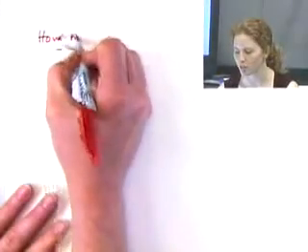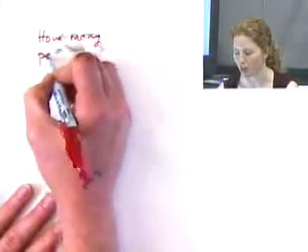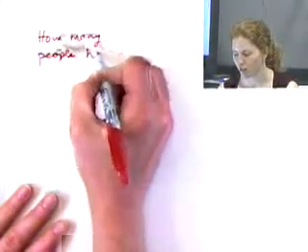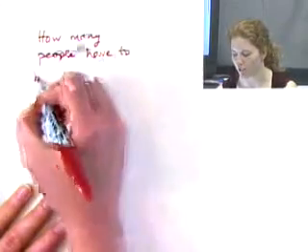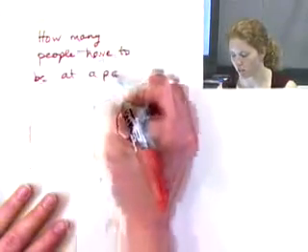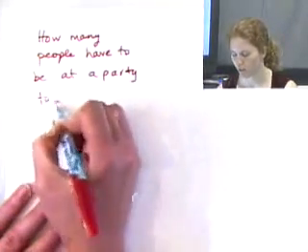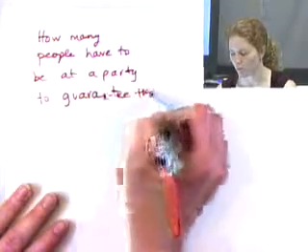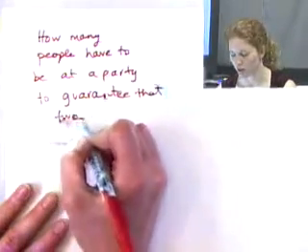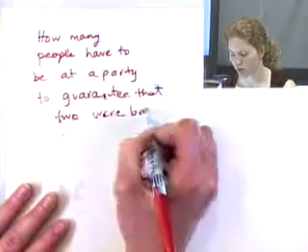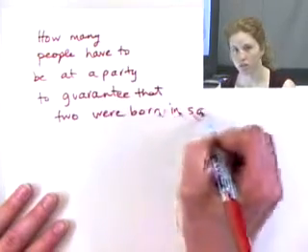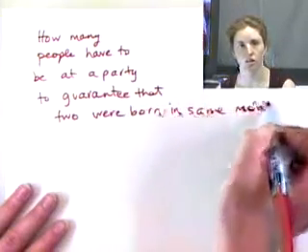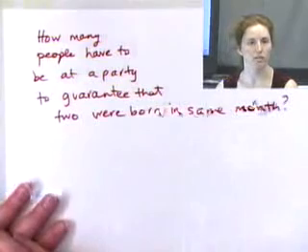Okay? So this principle helps me figure out how many people have to be at a party to guarantee that 2 were born in the same month. 13, right?